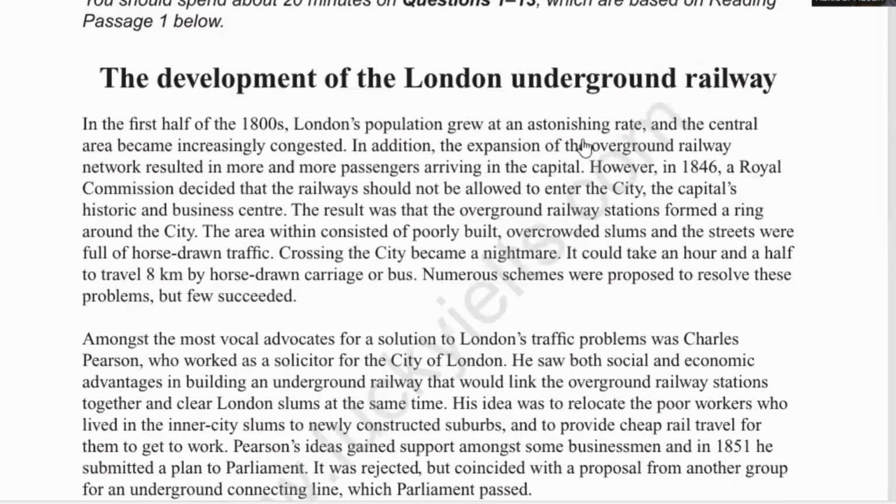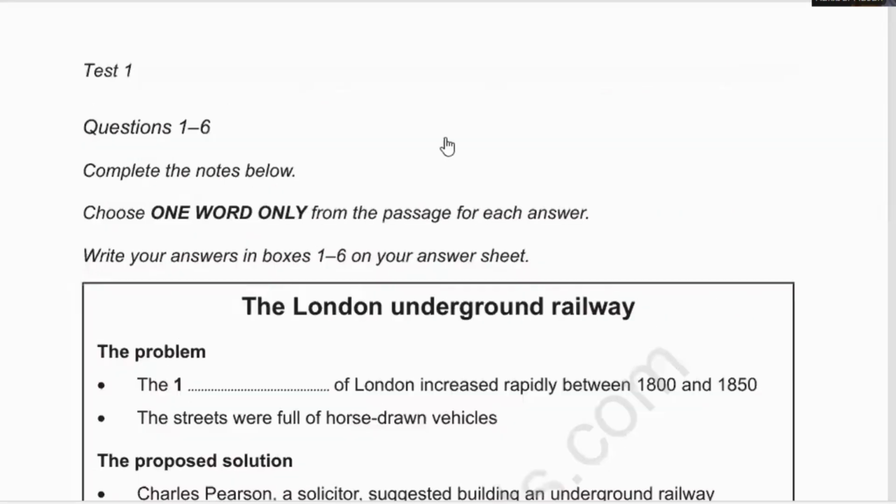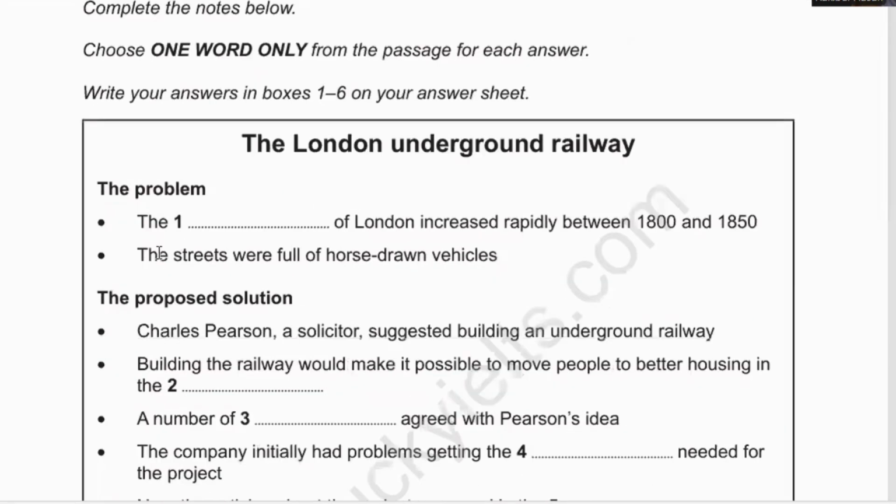It's astonishing. So what would be the answer? The answer is population. The population of London increased rapidly between 1800 to 1850. So this is the first answer.